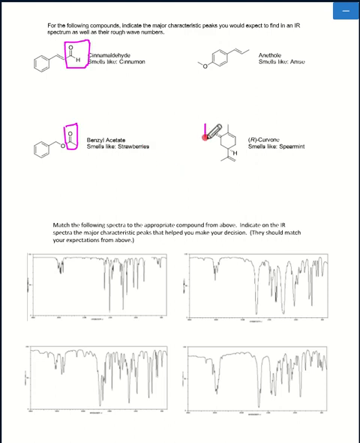Here you have a carbonyl that is somewhat in conjugation with that double bond. A double bond will also show up as its own peak, which you can look up on the peak table. And here we have just a carbon bound to oxygen. And also there is an aromatic benzene ring, which can show up on the IR.